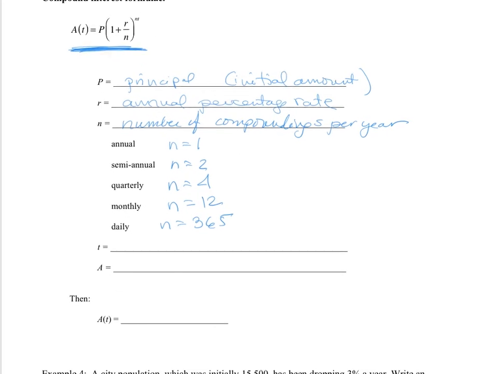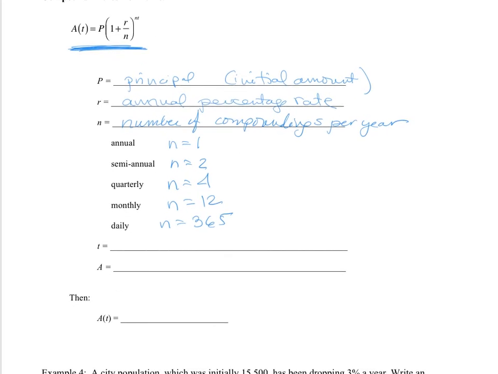Now, what does the T stand for? Well, you should be able to guess. That's the number of years of the investment, the time, number of years of investment, of compounding.